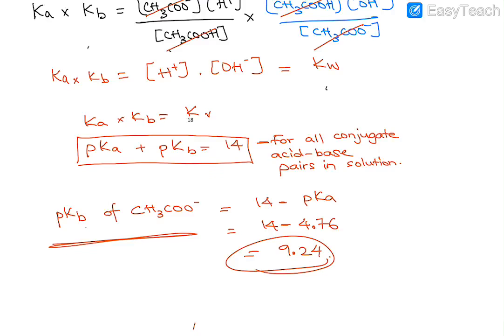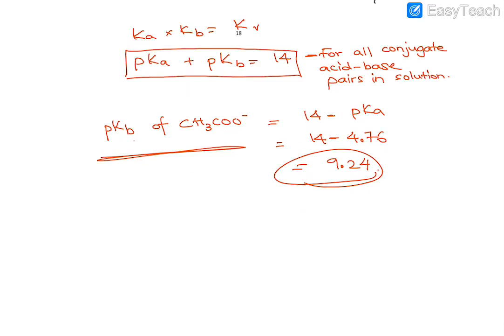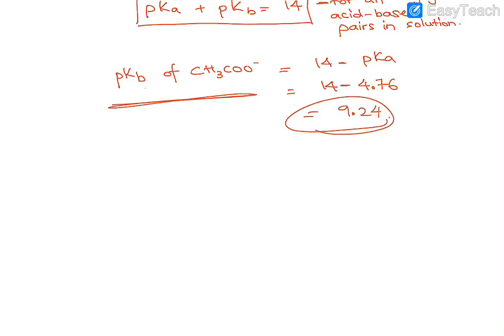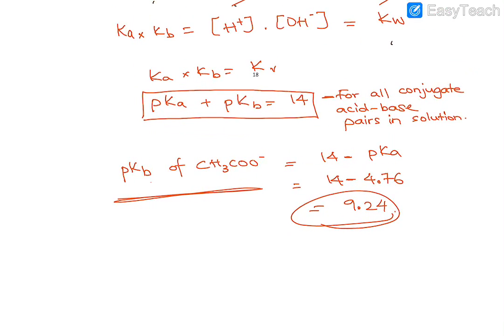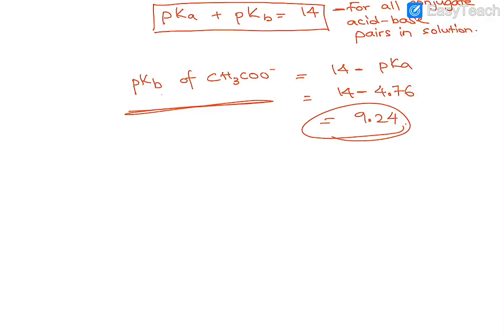Now let's use this expression that we just found. We can rearrange this expression here. If we have a stronger acid, definitely we're talking about weak acids, it means that it will have a larger Ka value.